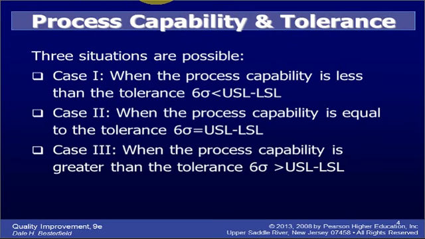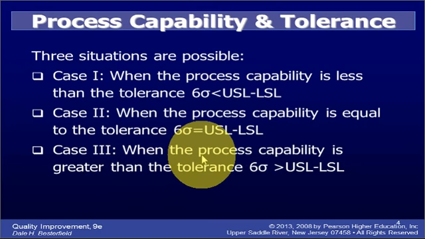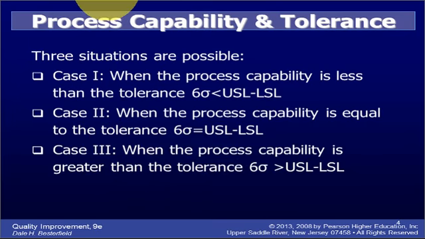So here are 3 possible situations to compare the process capability and the tolerance. Case 1 is that the process capability is smaller than the tolerance. Case 2 is the case when these two values are equal. And case 3 is the case when the process capability is greater than the tolerance.